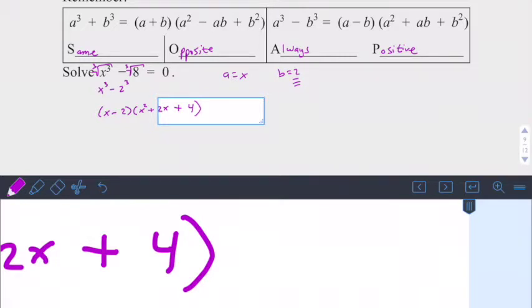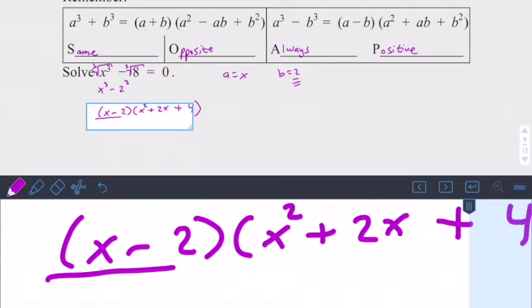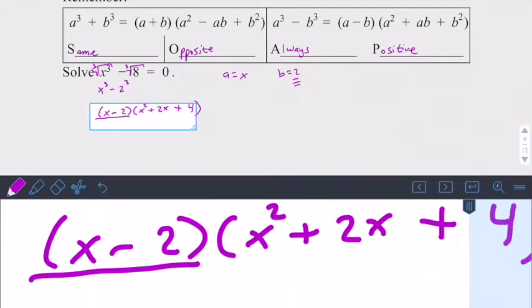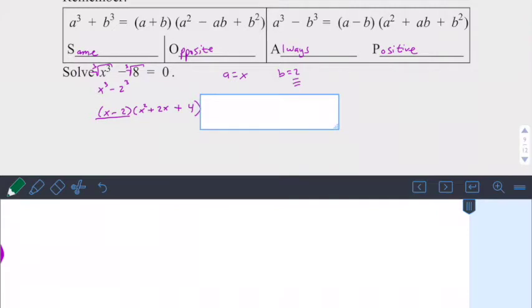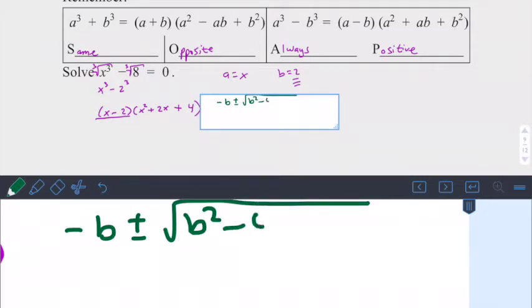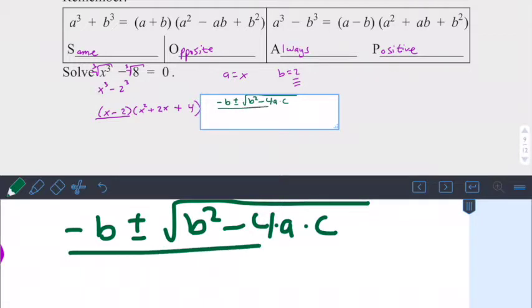Now, I'm not done. Just like in my last one, I factored out this factor, and now I want to keep factoring my quadratic by using the quadratic formula. Remember, the quadratic formula is negative b plus or minus the square root of b squared minus 4 times a times c, all over 2a, right? 2 times a.